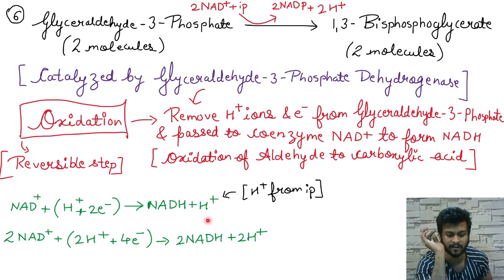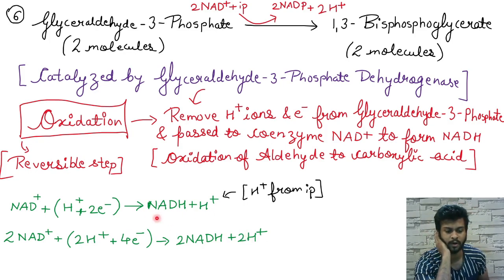We will study it when we understand structure in the next slide. So if there are two molecules of glyceraldehyde 3-phosphate, it will accept two hydride ions. One hydride ion is H+ plus 2 electron. Two hydride ions will be 2H+ plus 4 electron. It will get converted into 2 NADH, and 2H+ will come from inorganic phosphate. That's why this is the way of writing it, NADH plus H+.